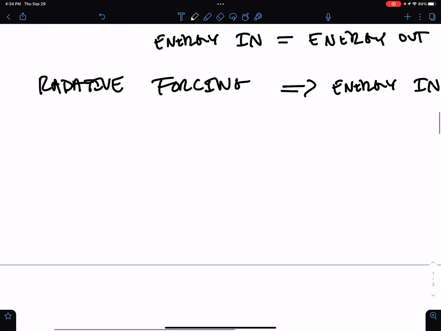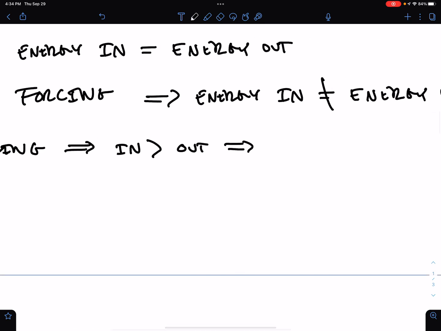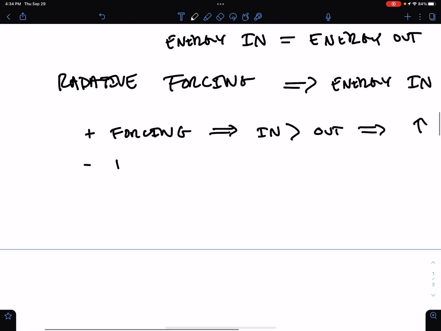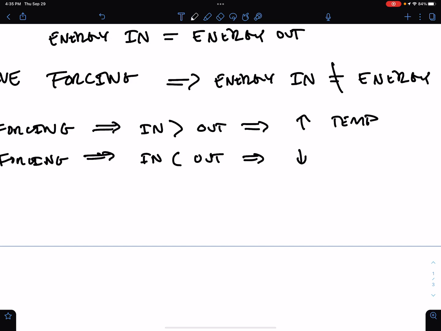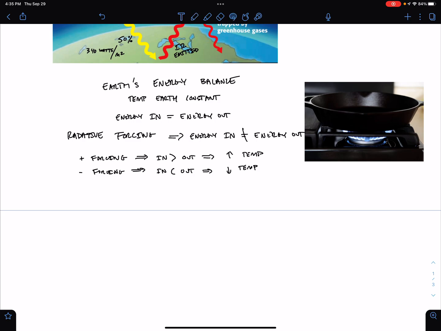If we have a positive forcing, this means the energy in is greater than the energy out. And the result of this is an increase in the temperature. If we have a negative forcing, this means the energy in is less than the energy out. And this will result in a decrease in temperature.